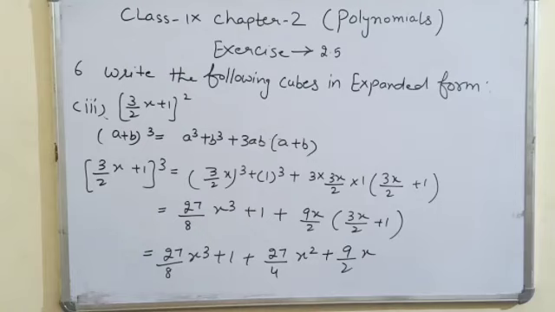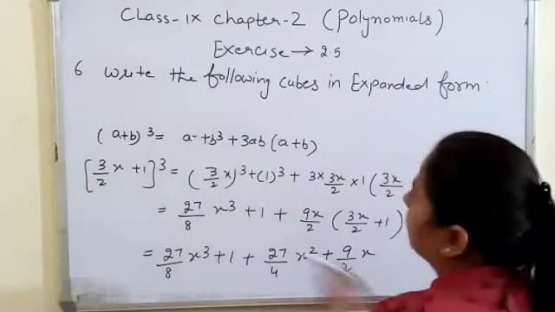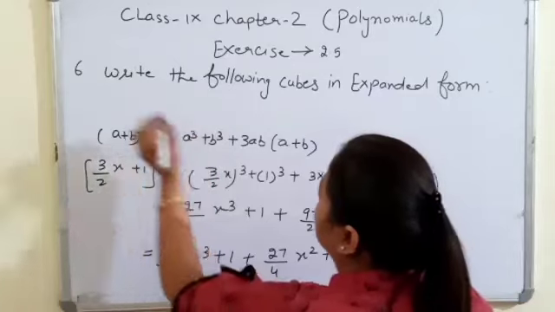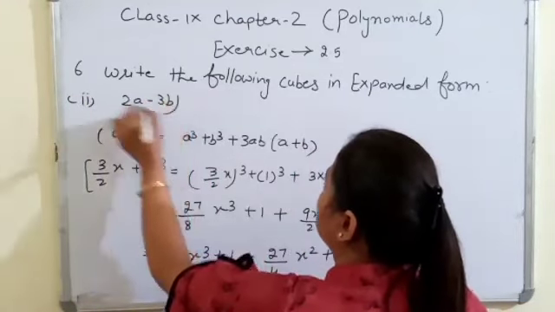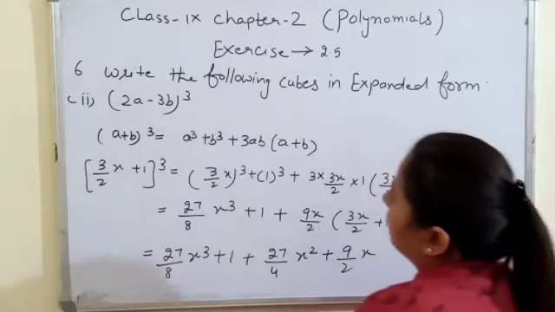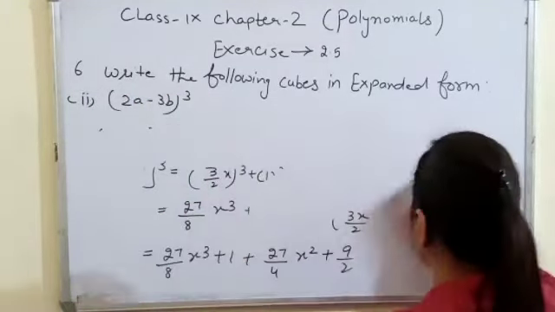So let's start the part second, which is having the statement 2a minus 3b whole cube. 2a minus 3b whole cube. So this is the identity for the a minus b.